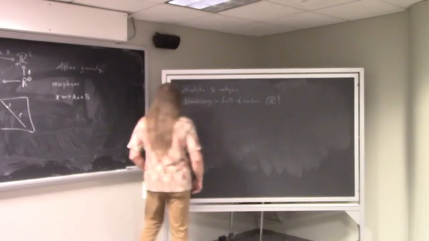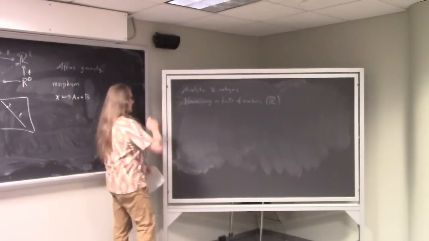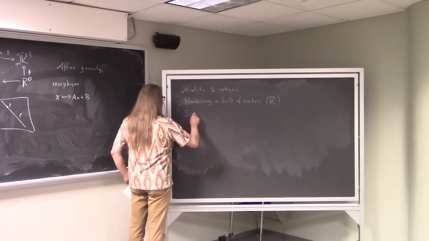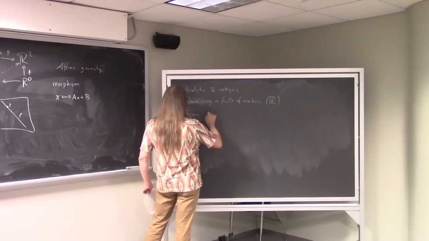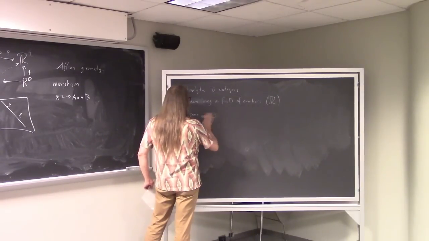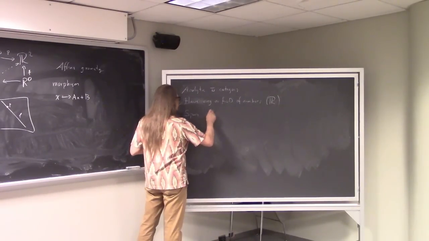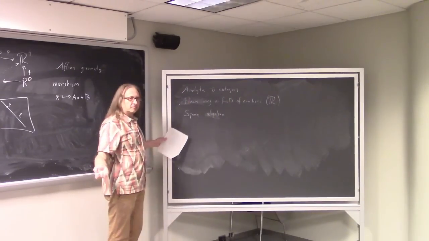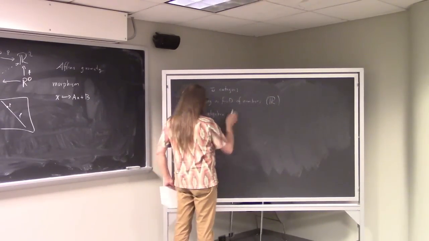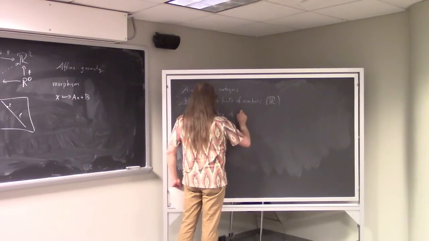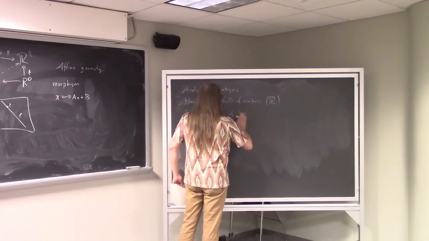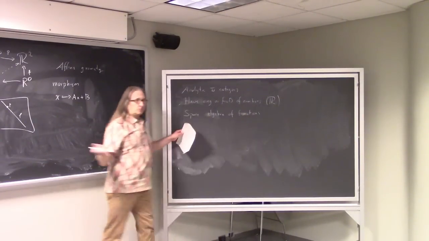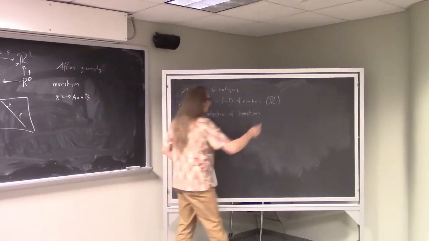I have to say that given who's in the audience. Then, for each space, I can associate to it the ring of functions on that space, or the algebra of functions, because it's an algebra over that field. And then for a mapping between spaces, we get the following.